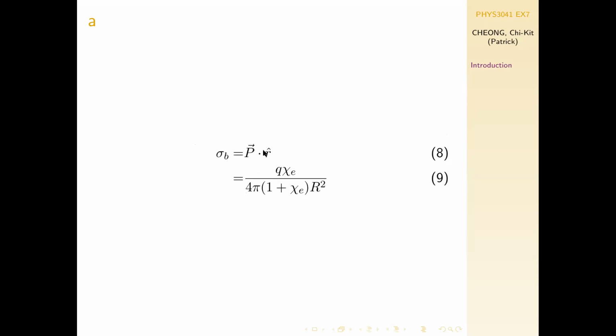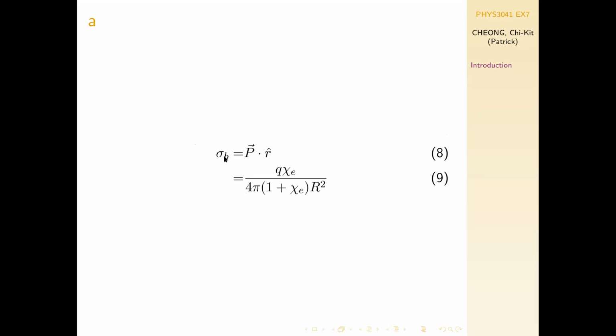And similarly, there's a typo here. This should be a normal vector n. However, in the case of a sphere, the normal vector equals r hat, so it won't change our result.